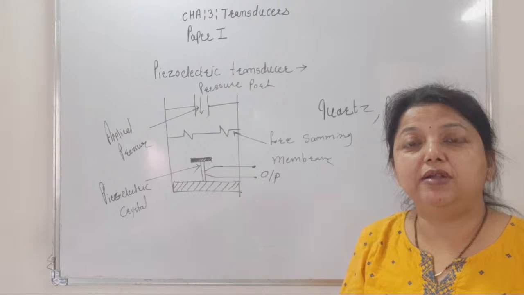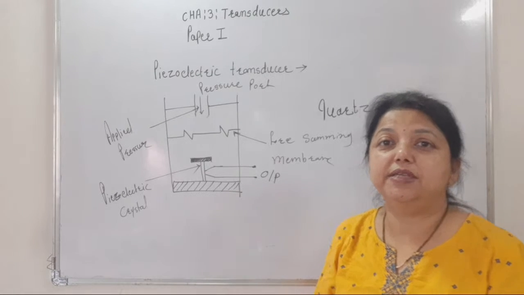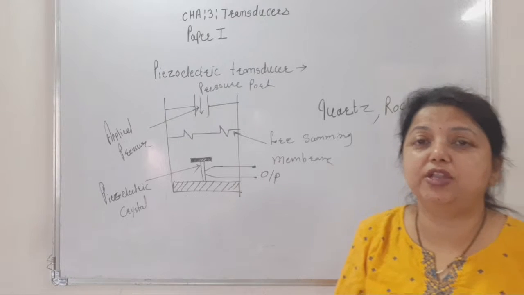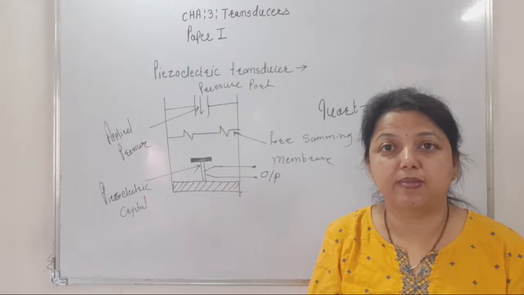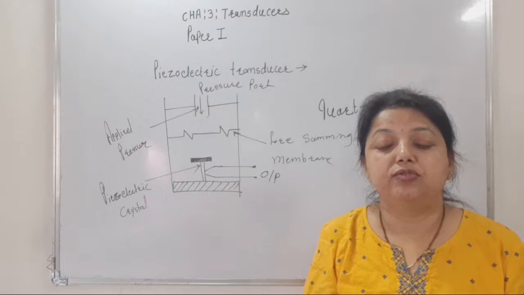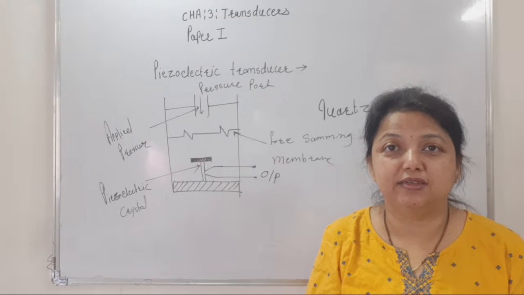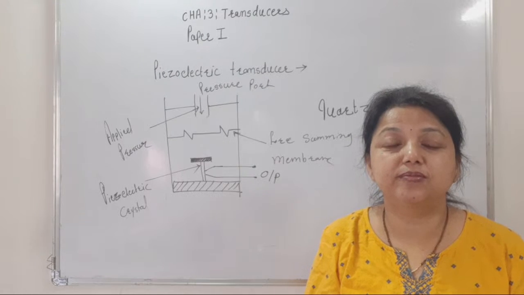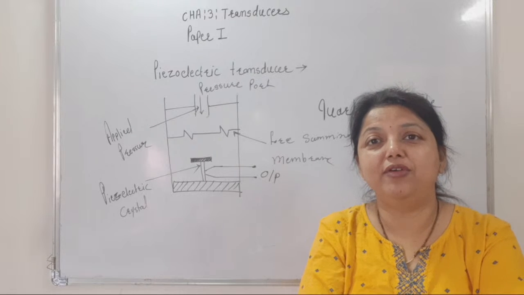Now here we can complete two types of transducer. Thermistors, that is the passive transducer, and this one is active transducer, that is the piezoelectric transducer. Now third one we are going to study, that is LVDT. Any question? Do you have any question?